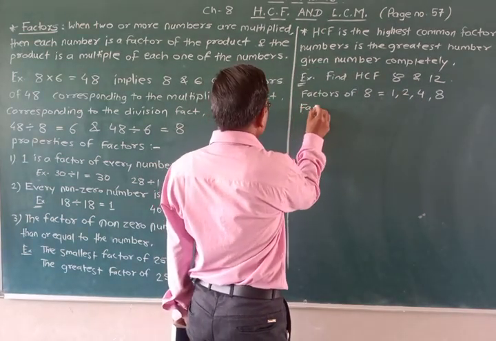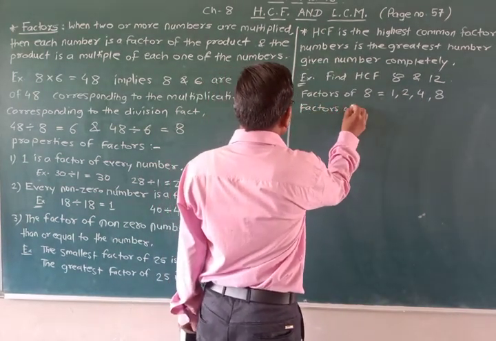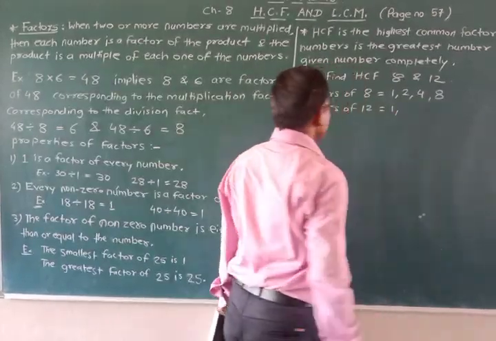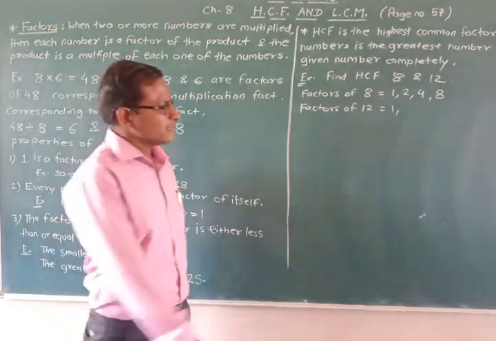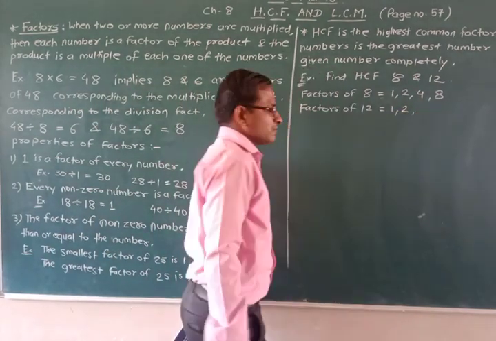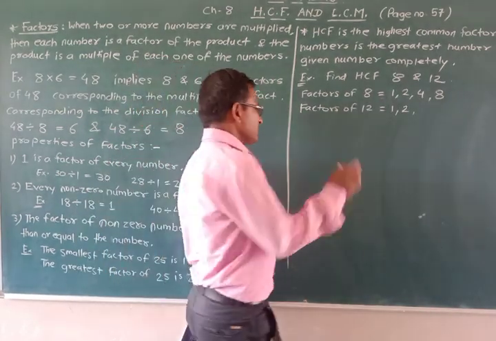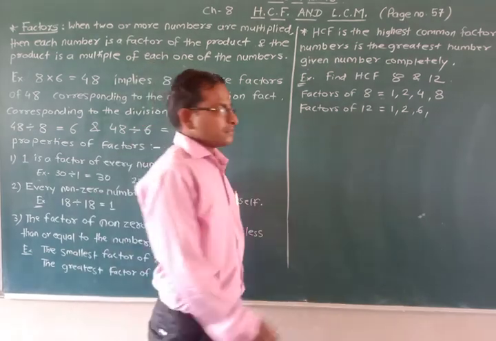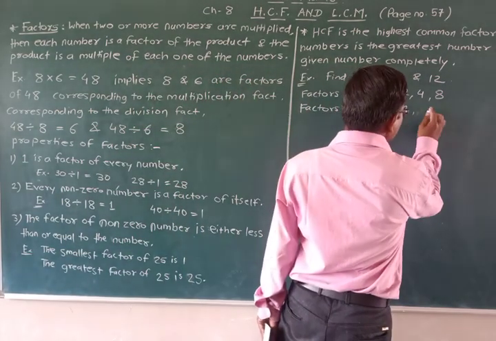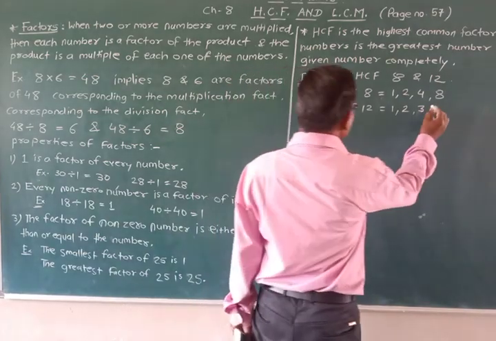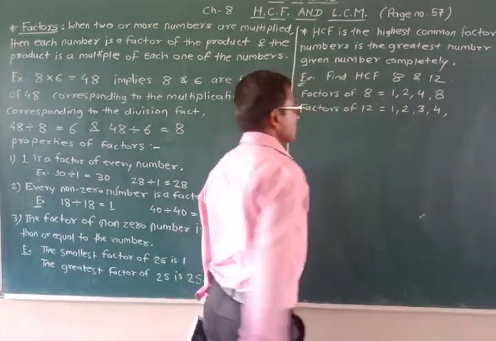Then the factors of 12. 1 is a factor of every number, so you always write it down. Then 2 sixes are 12, so 2 is a factor of 12, and 6 also is a factor of 12. Then 3 fours are 12, so 3 is a factor of 12, and 4 threes are 12, so 4 is a factor of 12.